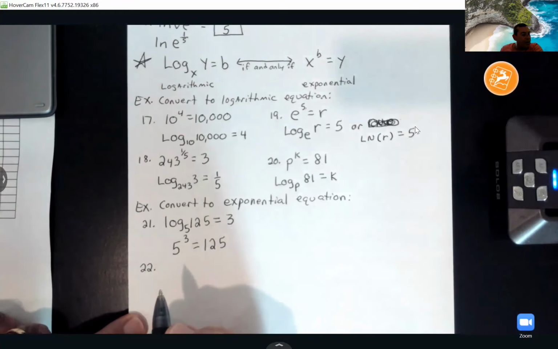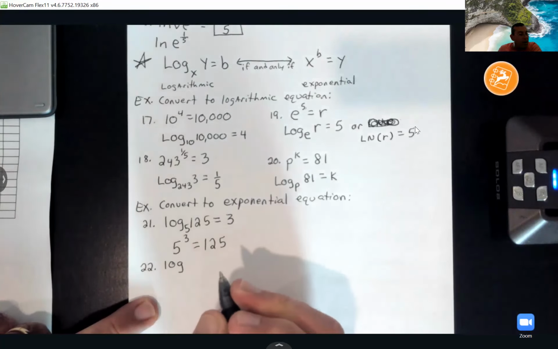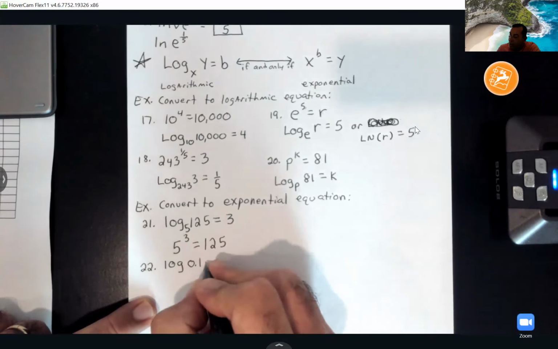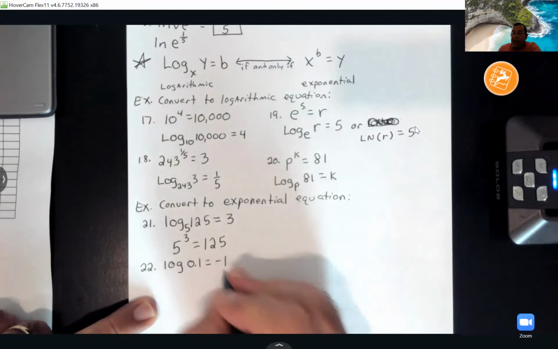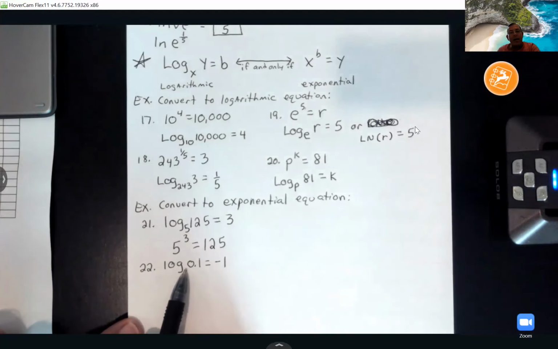Okay, y'all try this one. Let's see. How about this one? This one's going to be a trickier one. Log of 0.1 equals -1. So y'all, the thing that makes this one tricky is there's not a base down here.